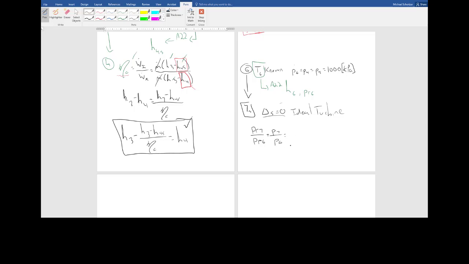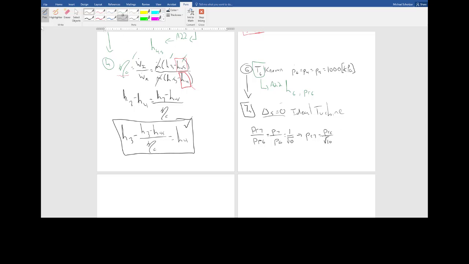If we gave you a problem like this, we would tell you, I think a little more explicitly than in this problem, what these pressure ratios are. But here we assume that the middle pressures are all the same. So this is 1 over root 10. Right? So then here we know that PR7 is equal to PR6 over root 10.